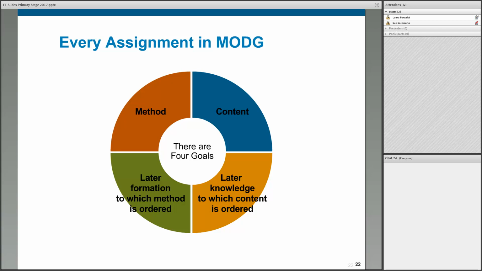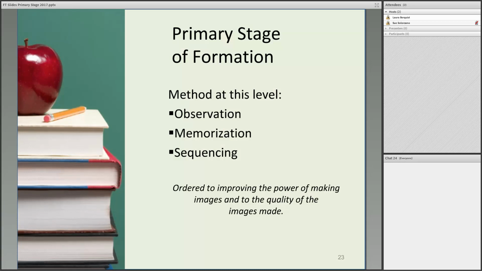There's an immediate methodology, an immediate content, and then there's the later formation to which this method is ordered, and the later content to which this knowledge is ordered. The method at this level, kindergarten, is using observation, sequencing, and memorization. And as I said, those activities are found in every assignment. They're ordered to improving the power of making images and to the quality of the images made. And now you know why that matters.